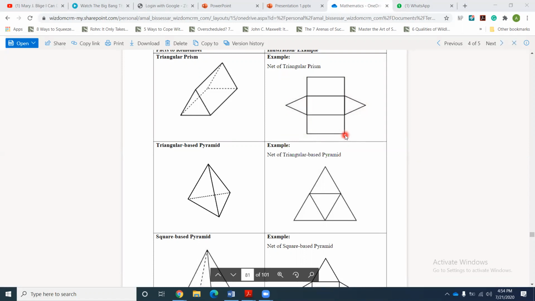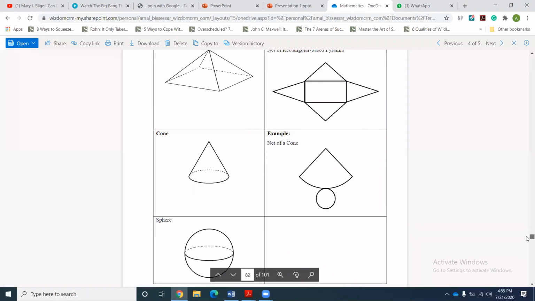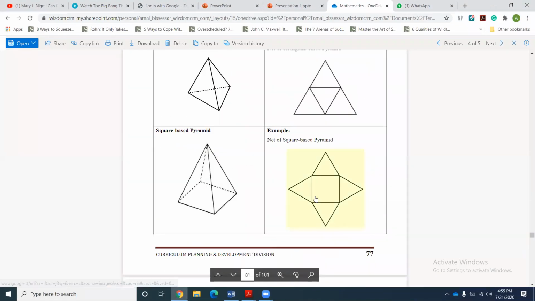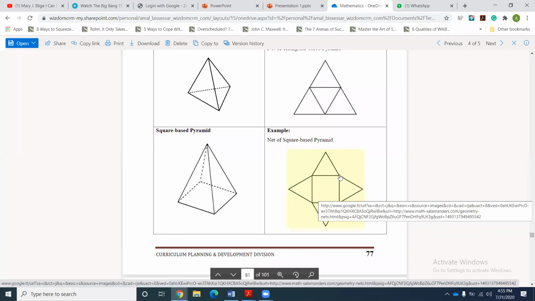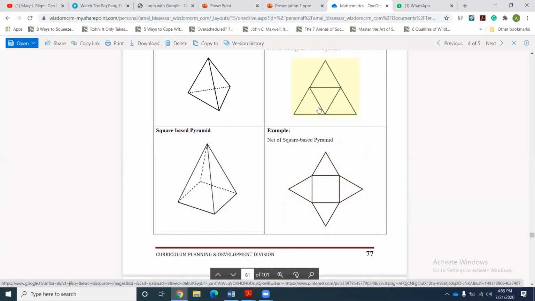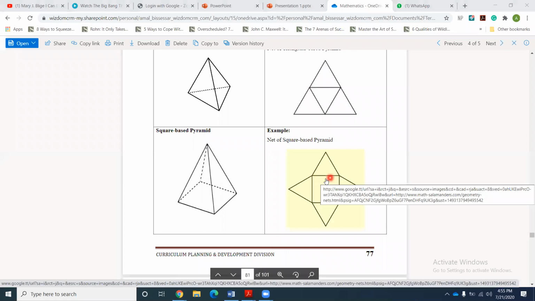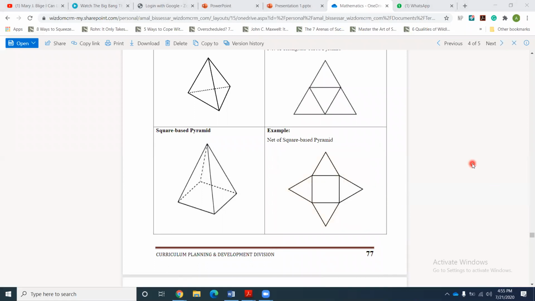So when you are working with perimeter, especially of compound shapes or nets, you would find that it depends on the net. If you look at this one, I will end up walking around the triangle. What I wanted you to make a note of is that I don't walk on this square. This is a square-based pyramid, and I'm talking about perimeter.